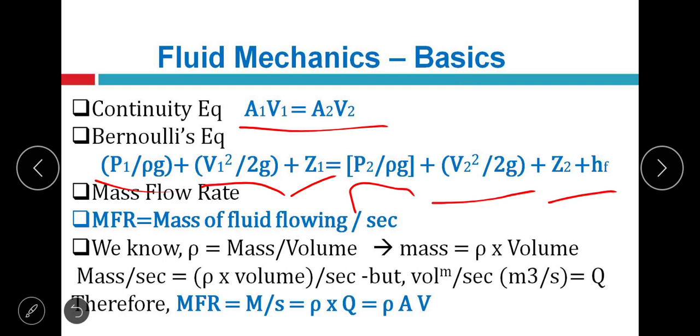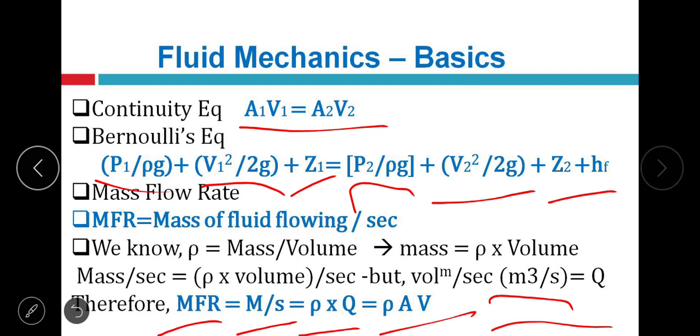Mass per second is also equal to rho multiplied by volume per second. But volume per second is equal to Q, that is nothing but meter cube per second. Therefore, mass flow rate MFR is equal to mass per second, that is equal to rho Q, that is equal to rho AV, because Q is equal to AV.